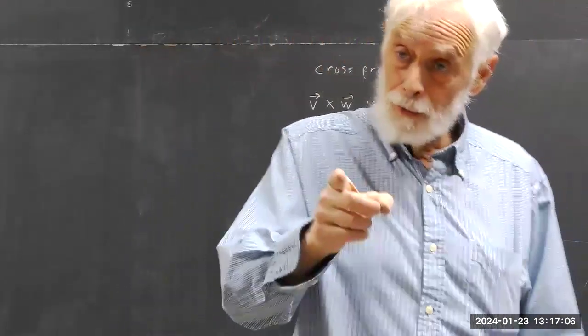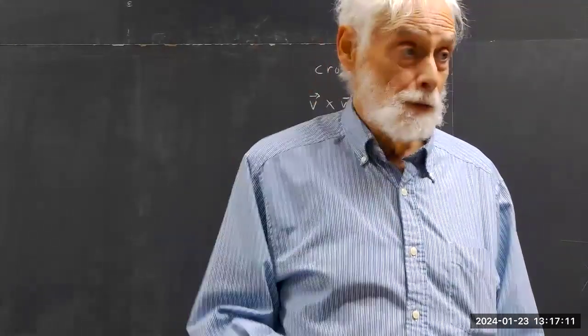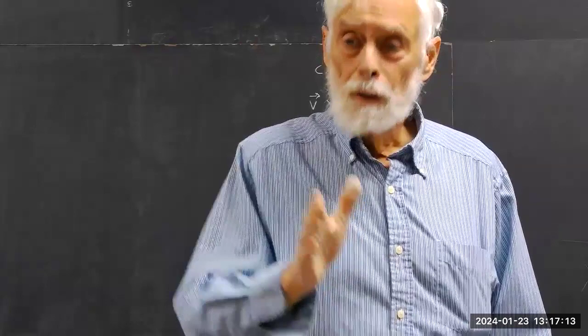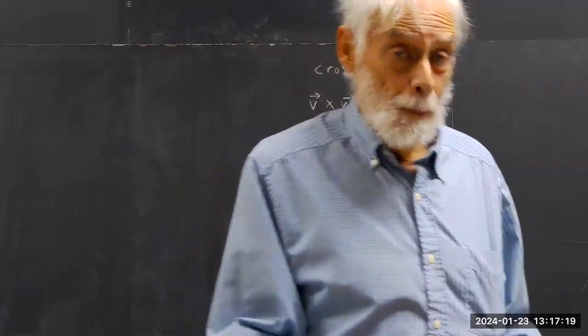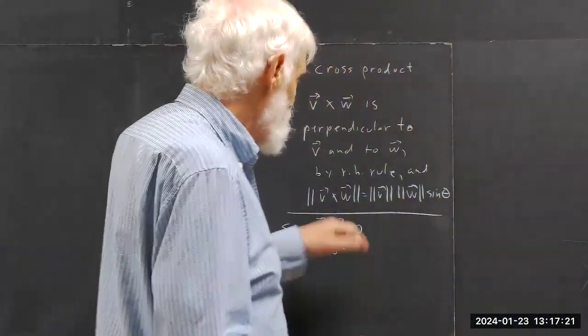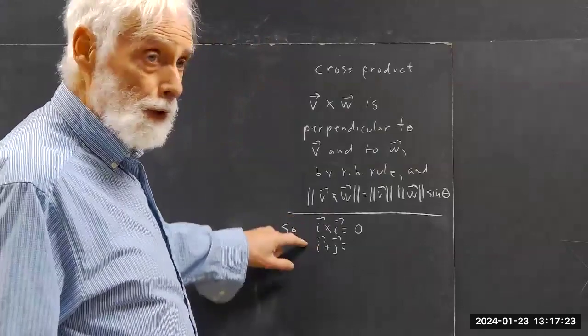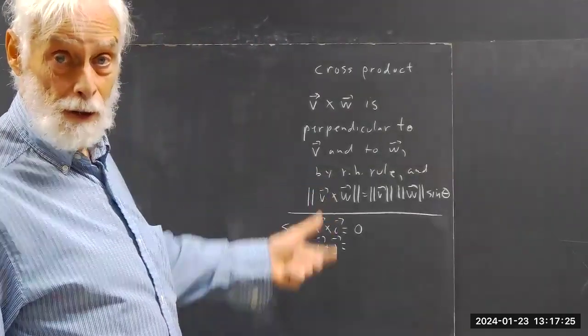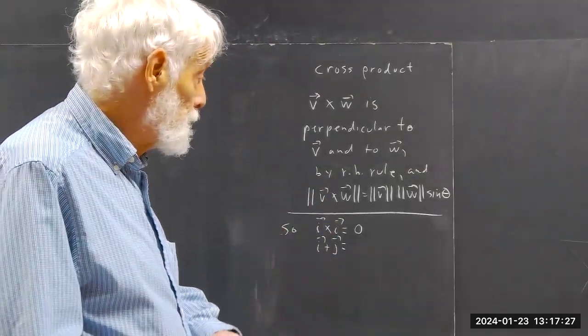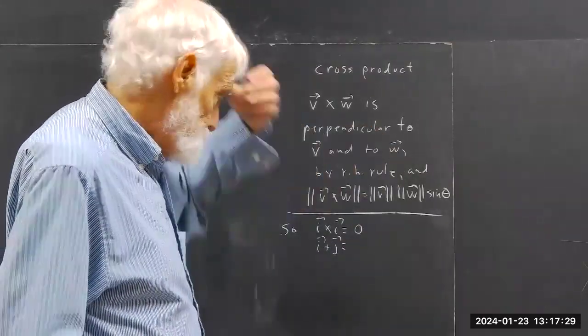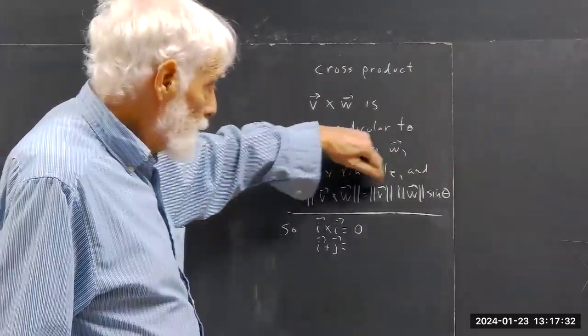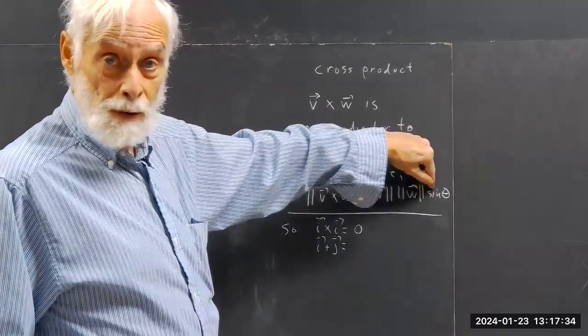Okay, I's in this direction, J's in this direction, K's in this direction, right? Put your fingers in the direction of I, turn them toward J, and your thumb points up, which is the direction of K. The magnitude is one because in all cases, we're just doing the different pairs of I, J, and K, turning them up in different ways. So the magnitudes are always going to be one.